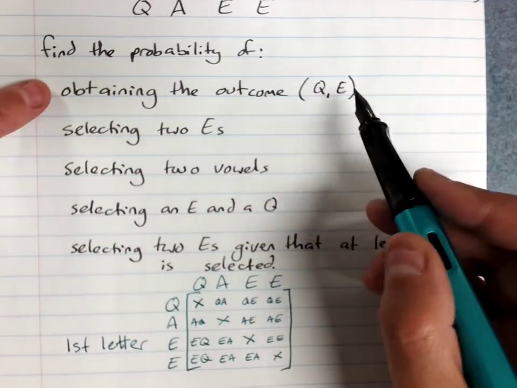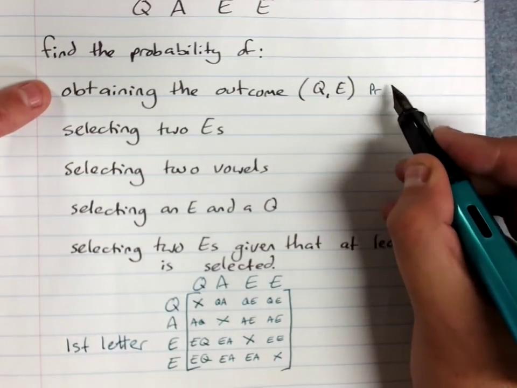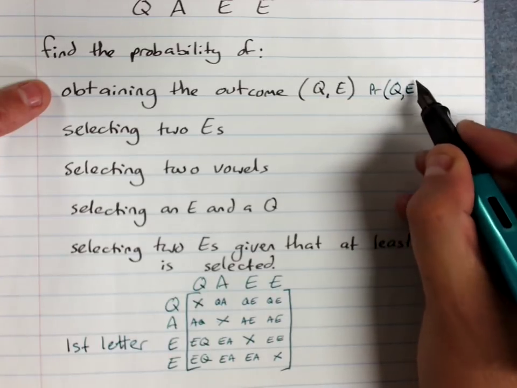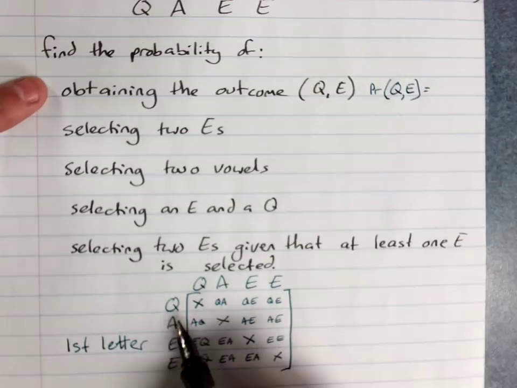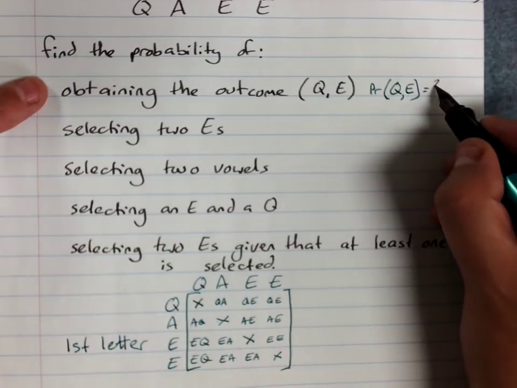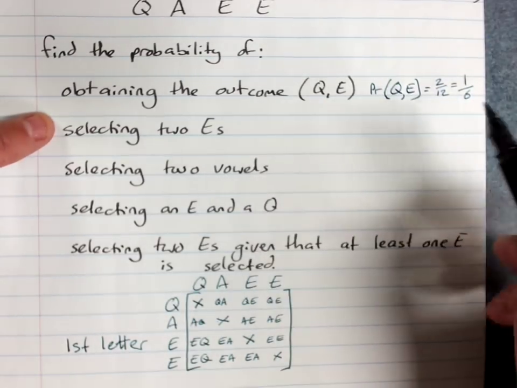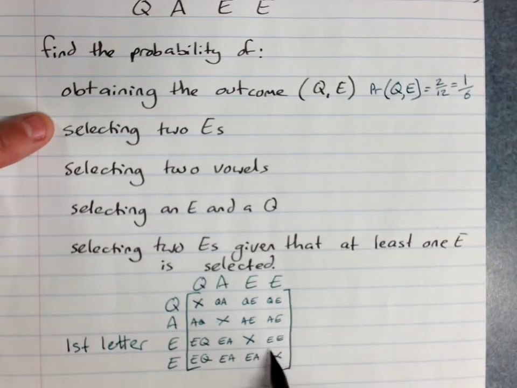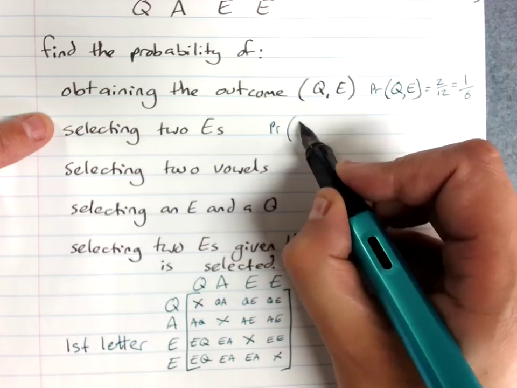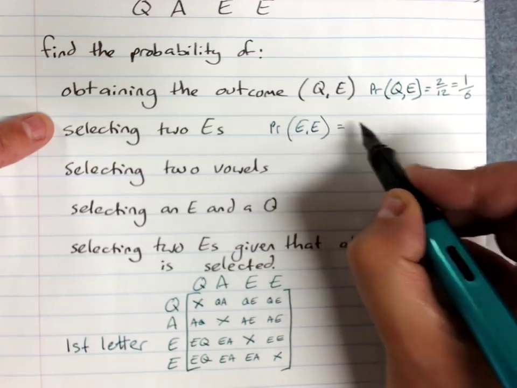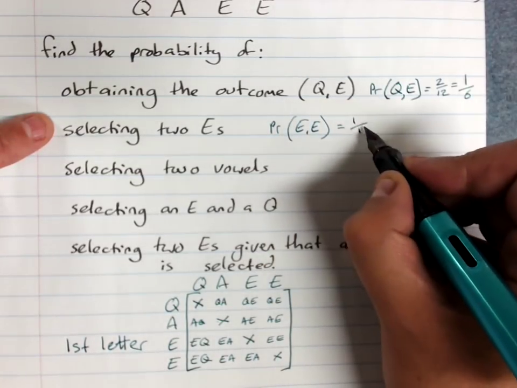So the probability of getting the outcome QE, they've given to me in order, so I just want Q then E, that's 2 out of my 12, which is 1/6. Selecting 2 E's, there's only one way that can happen. So probability of EE is 1 out of 12.